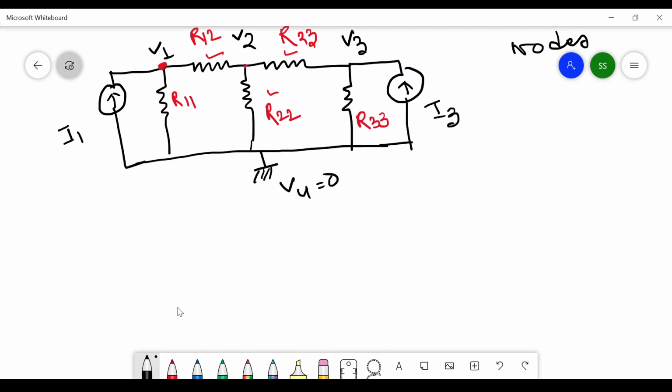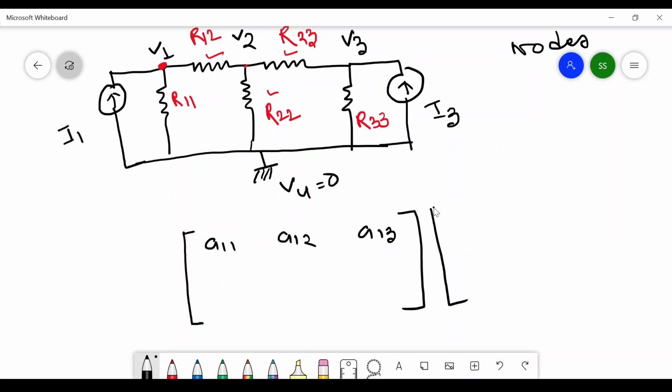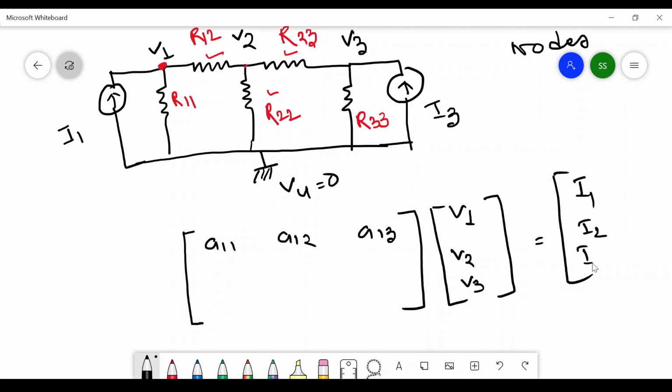Now what has to be done, let's say the equation or matrix should be like this: A11, A12, A13, A21, A22, A23, A31, A32, A33, times V1, V2, V3, equal to the current pushed into the system, let's say I1, I2, I3.